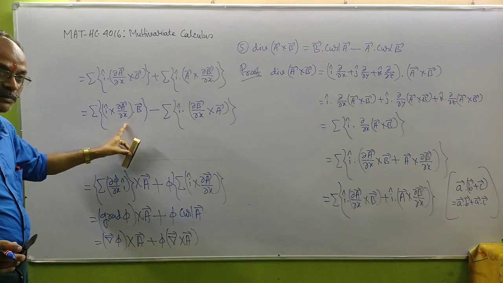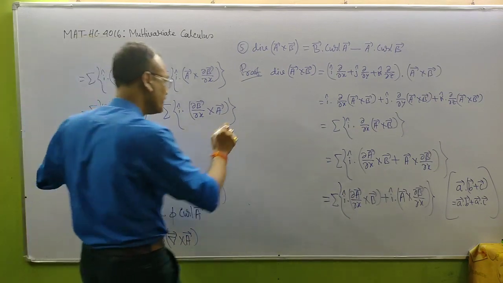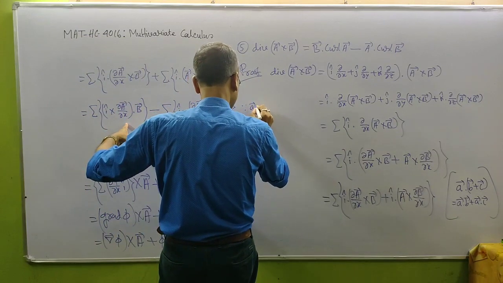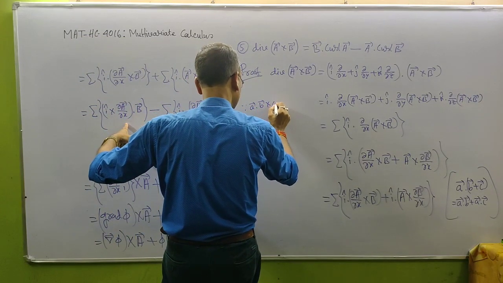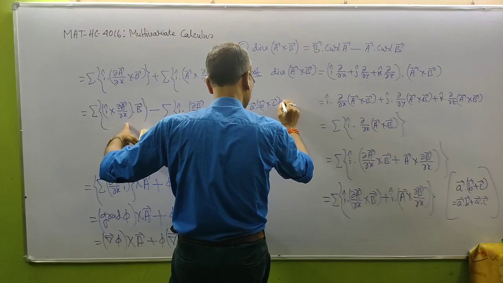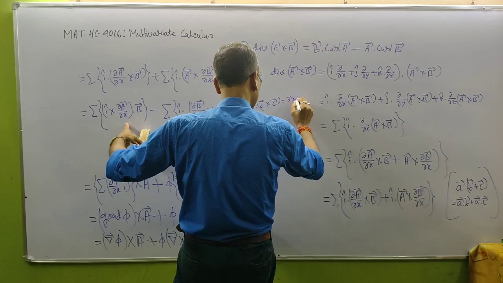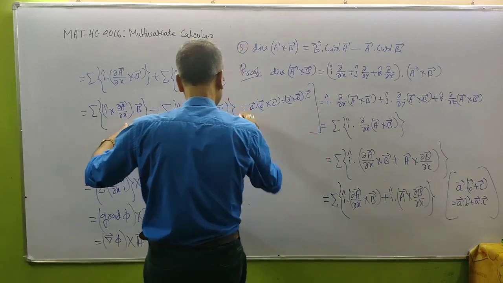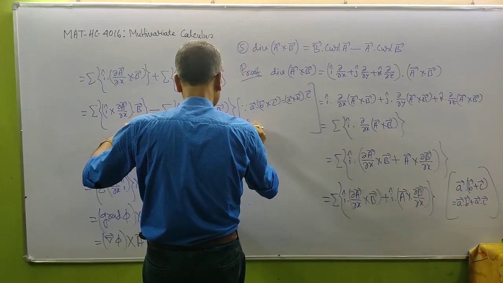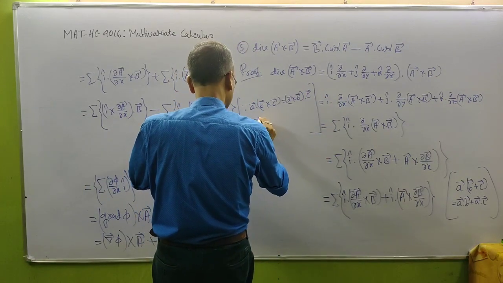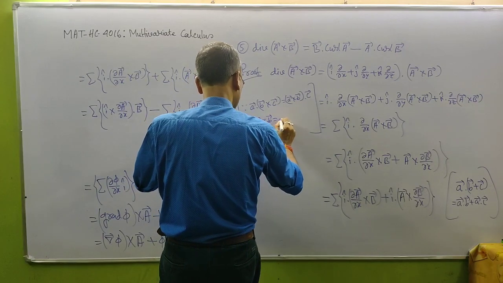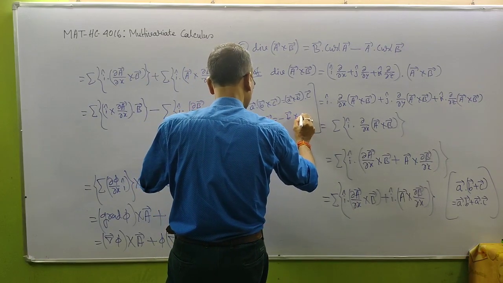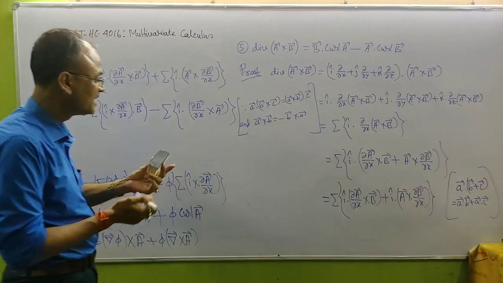For this, we have applied A dot B cross C equal to A cross B dot C. And for this, A cross B equal to minus B cross A. We have applied these two.